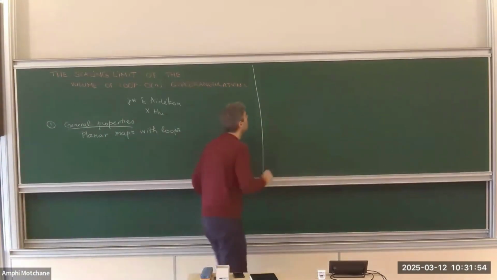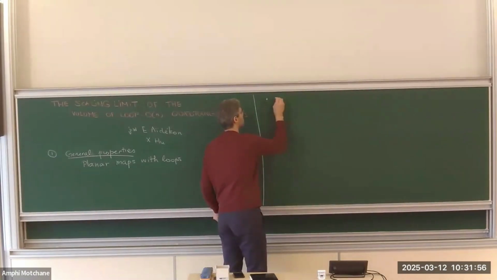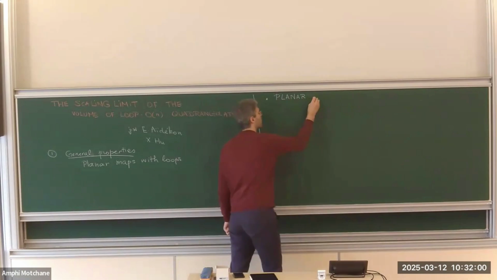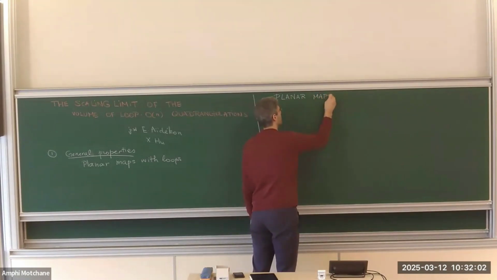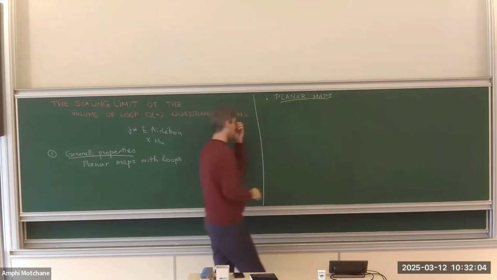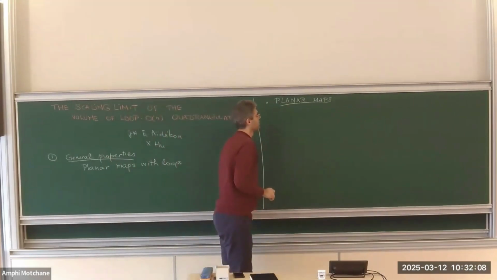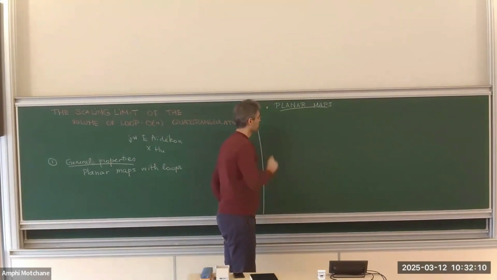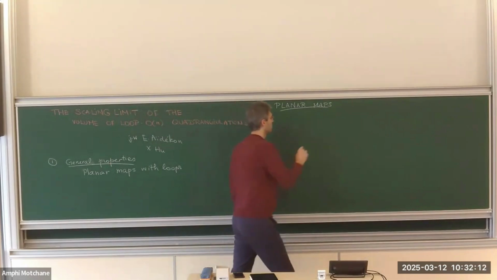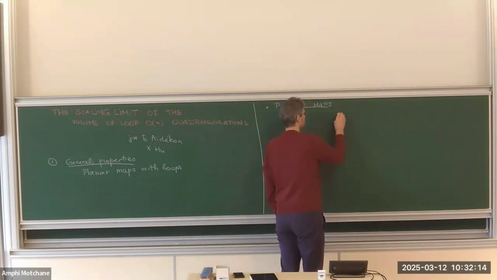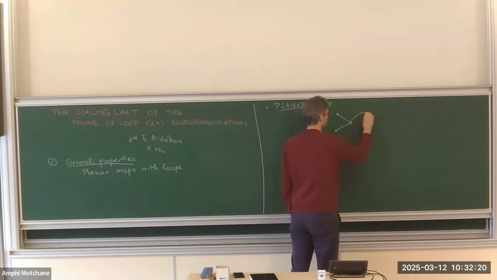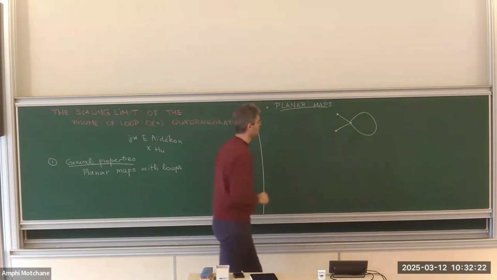The planar maps that we're going to consider, again, I'm not sure I need to introduce these objects to this particular audience. I'm going to think of them as a gluing of polygons living on the sphere. So they're planar graphs like this.